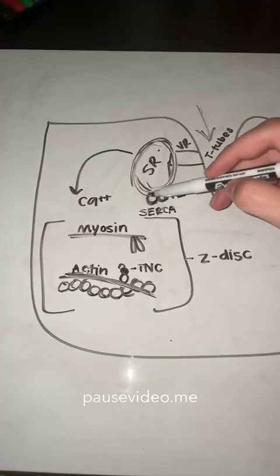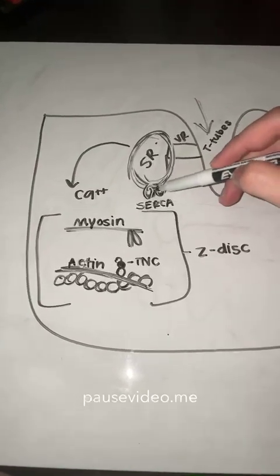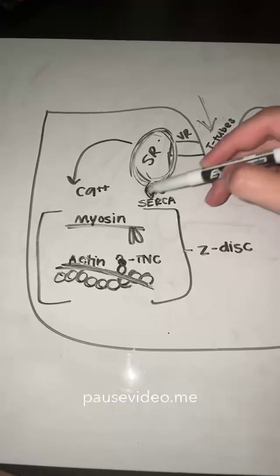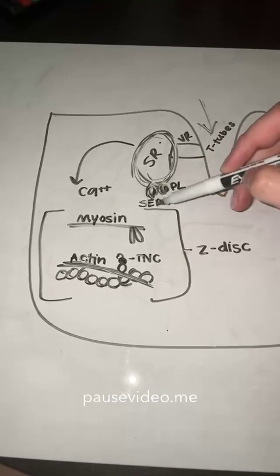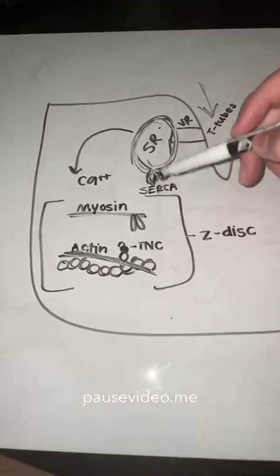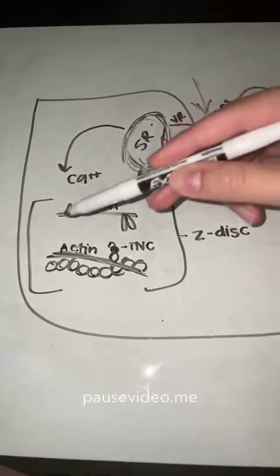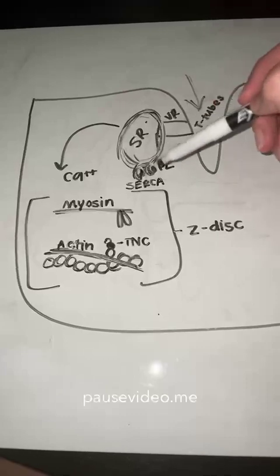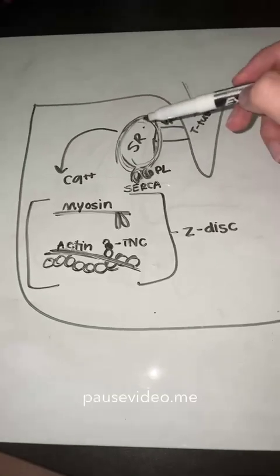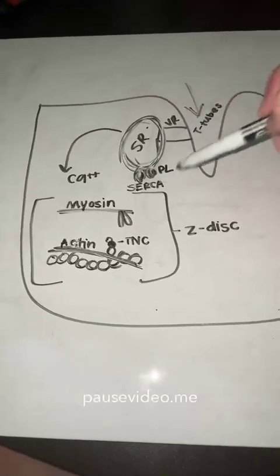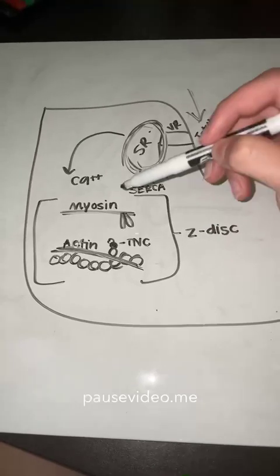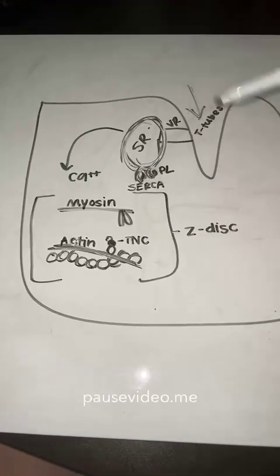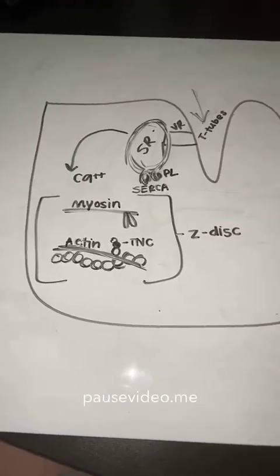Something to mention about cardiac muscle, SERCA and phospholamban are here. SERCA works to bring this calcium that's dropped off here and used here, brings it back up and collects it here, and phospholamban is something that inhibits SERCA. So they work together but not for each other, I guess.